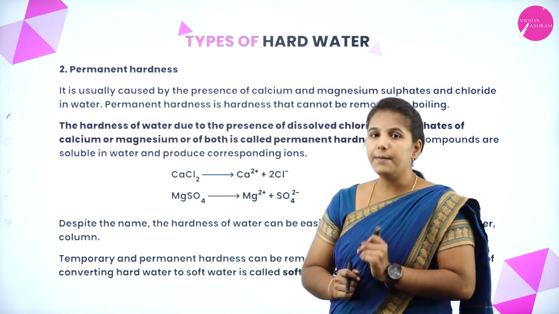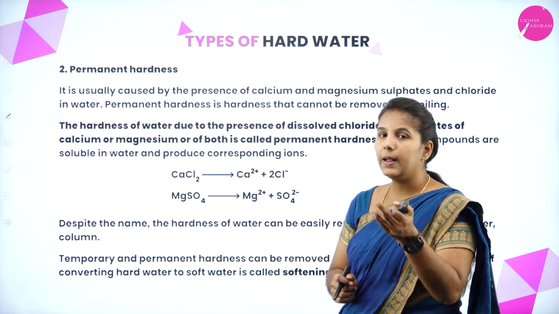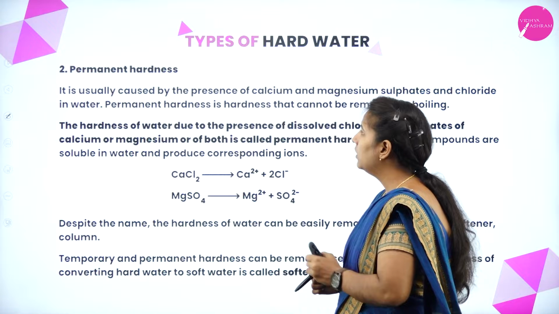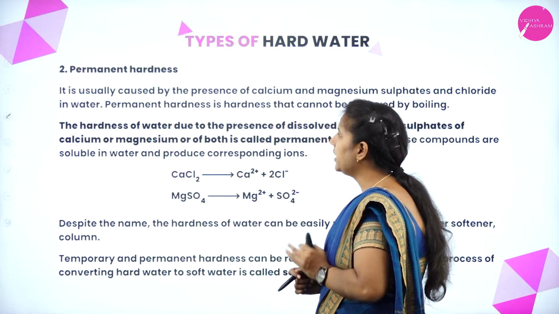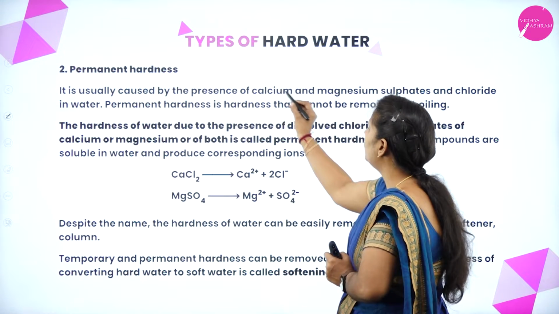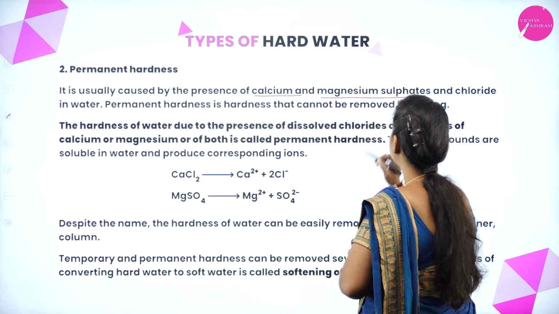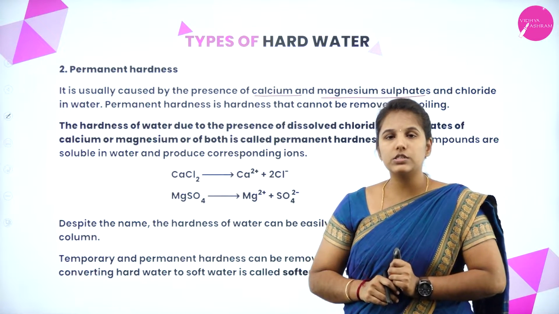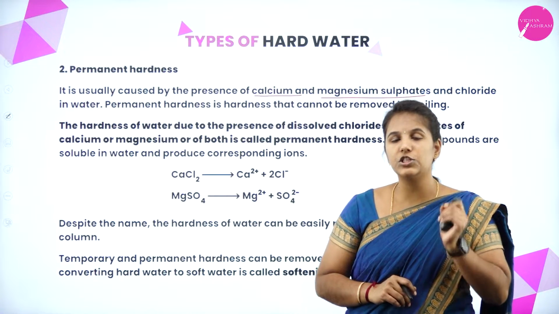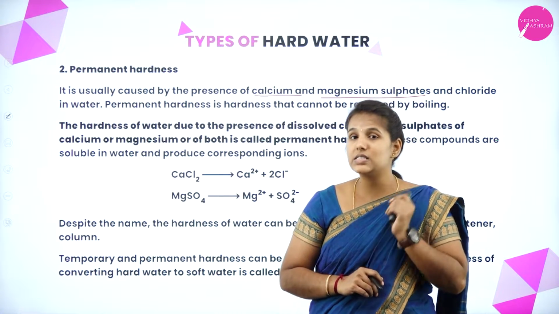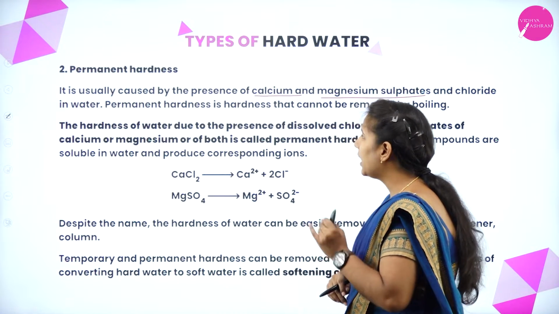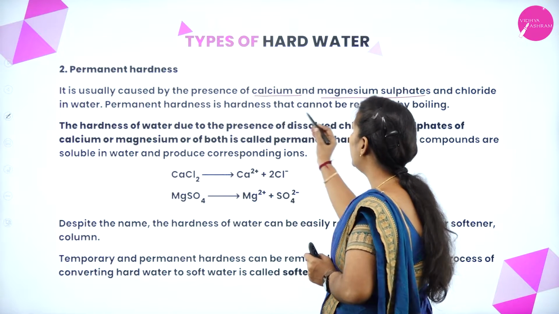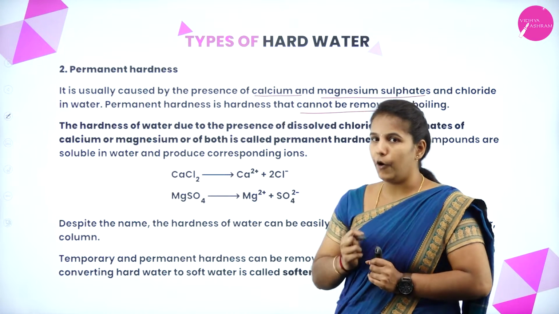Next is permanent hardness or permanent hard water. It is usually caused by the presence of calcium and magnesium sulfate and chloride in water. This is caused due to the calcium and magnesium chloride and sulfate in the water, and permanent hardness of water cannot be removed by boiling.